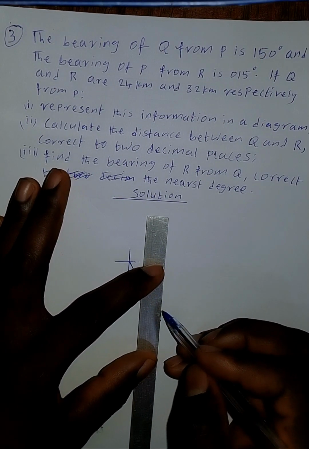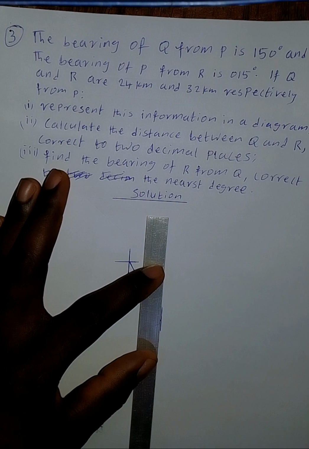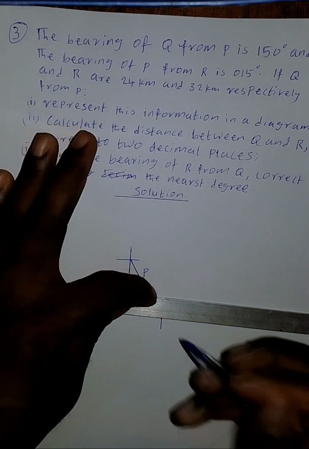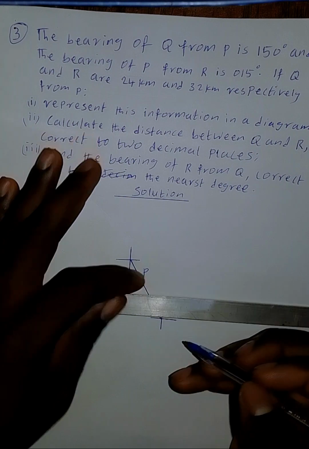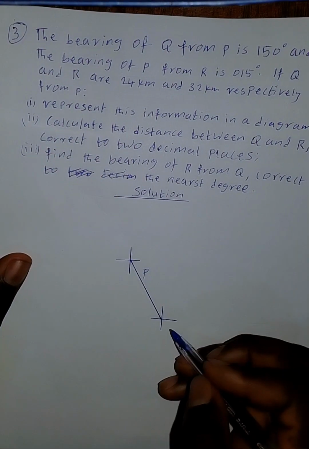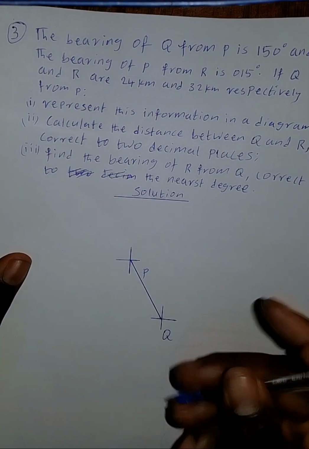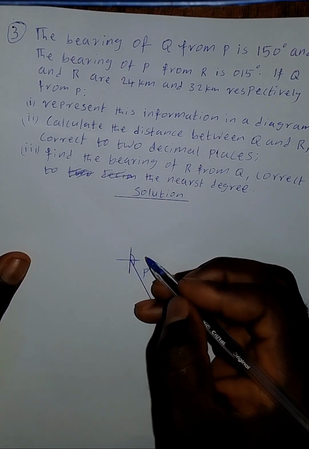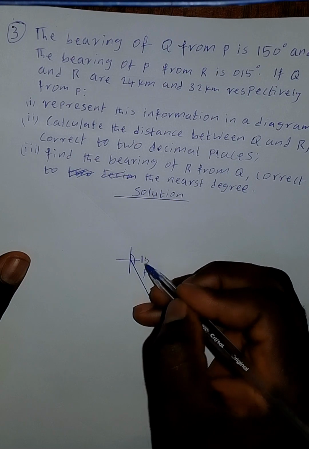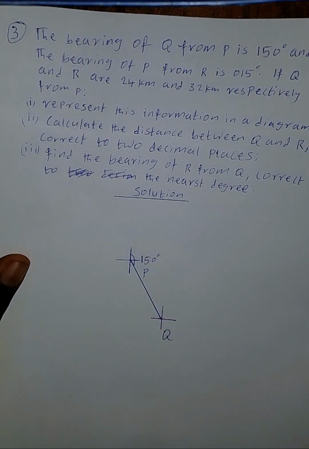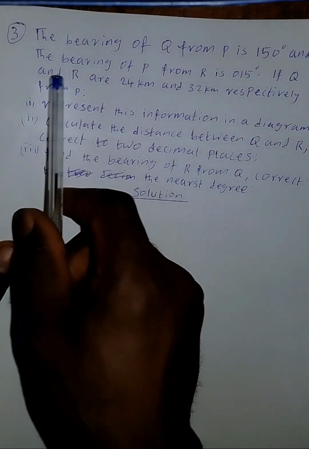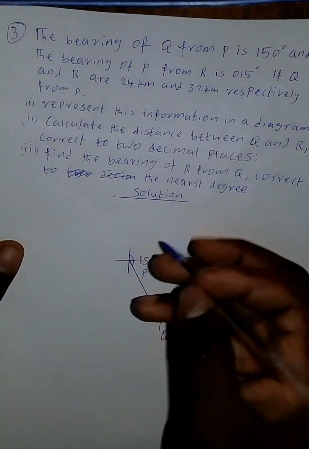Draw a point there for point Q. This is my point Q. So from here down to here is 150 degrees. And this is my P.